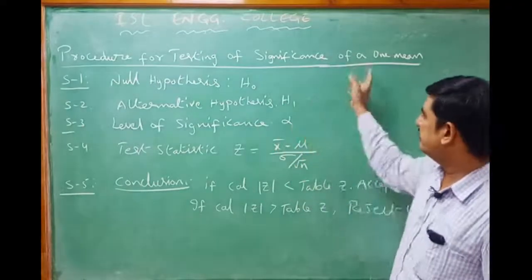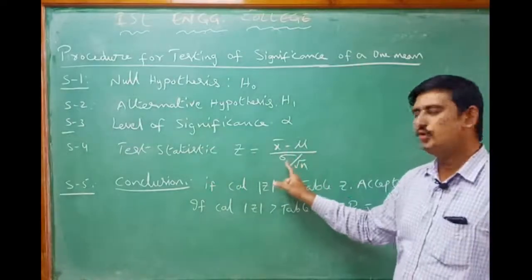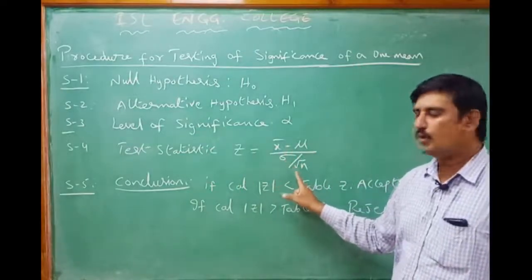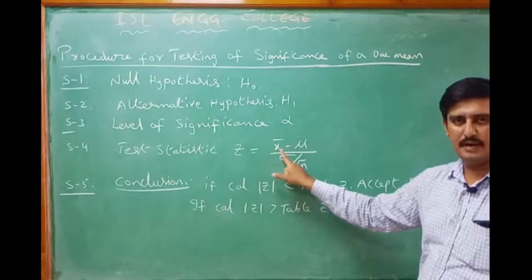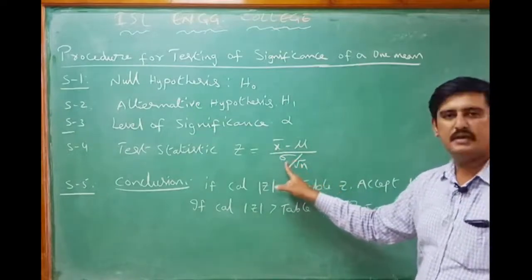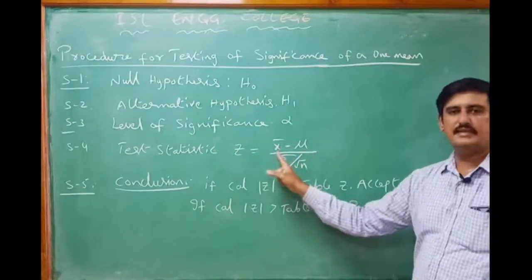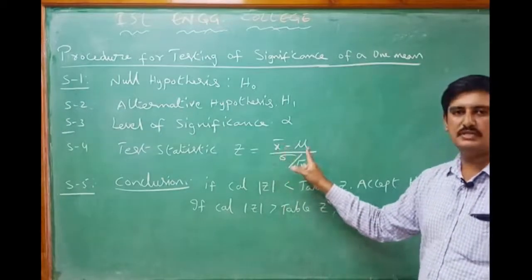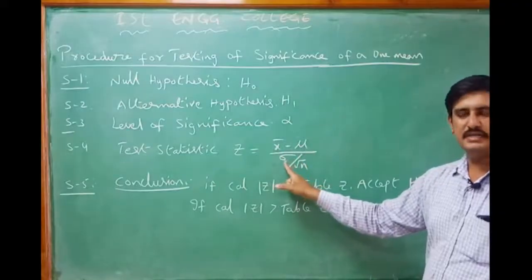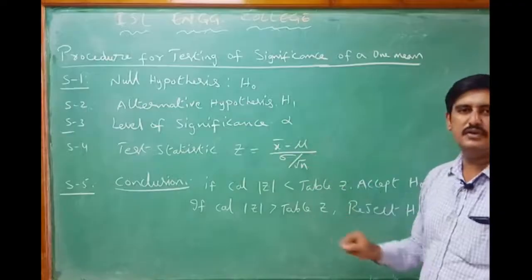For single mean, test statistic Z is equal to x bar minus mu by sigma by root n. What is x bar here? Sample mean. What is mu? Population mean. What is sigma? Standard deviation. What is n? Sample size. These values he will give you in the problem.